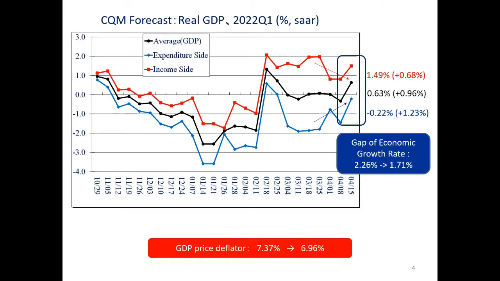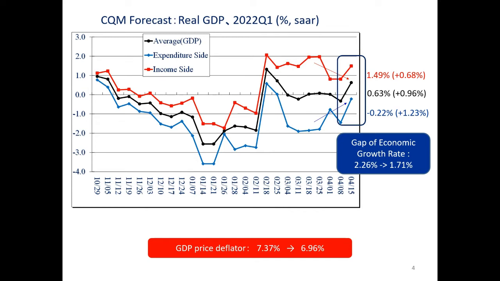As a result, the economic growth on the expenditure side has been revised upward by 1.23% to minus 0.22%. That on the income side has been adjusted upward by 0.68% to 1.49%.